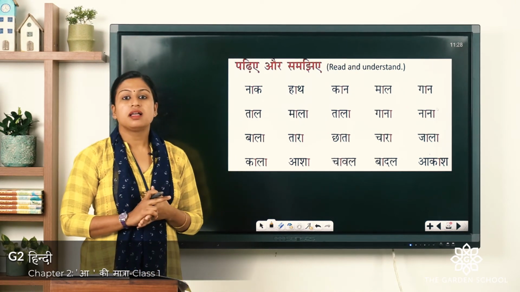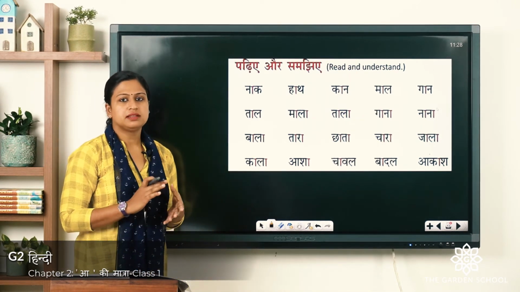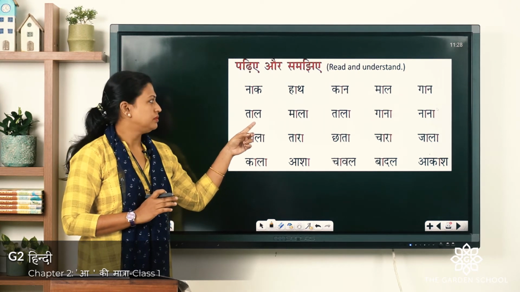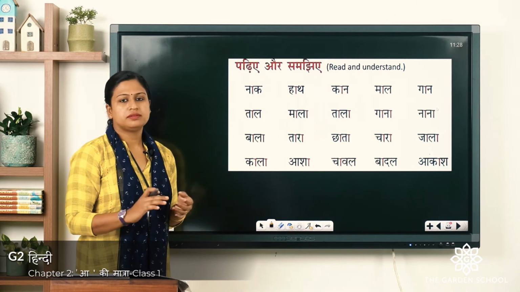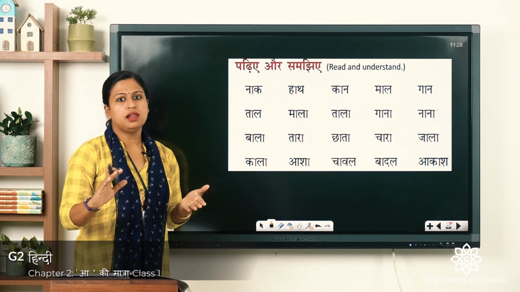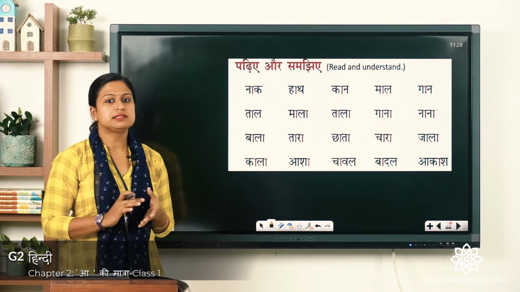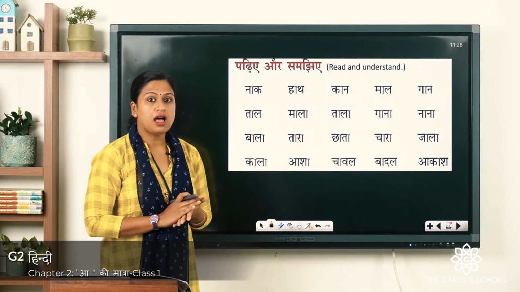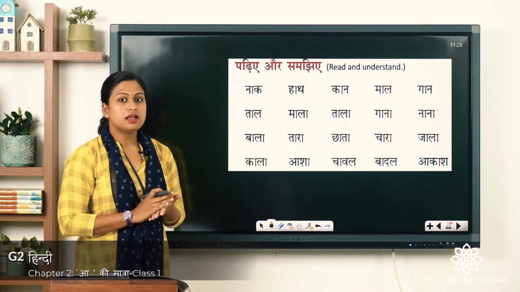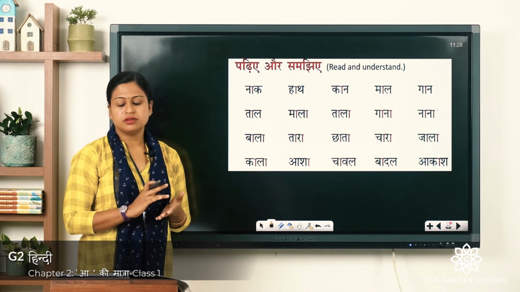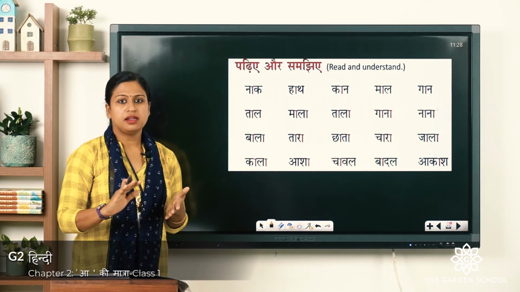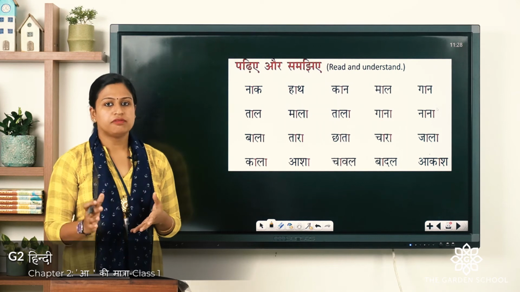Next one is gaan, that means song. Taal, rhythm. Maa, laa. Here both the consonants have the Aa symbol. Maala means garland. Taala, lock. Gaana, to sing. Naanaa means mother's father. In Hindi we call him naanaa.